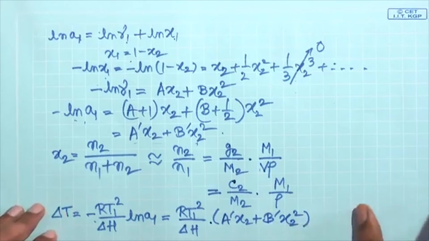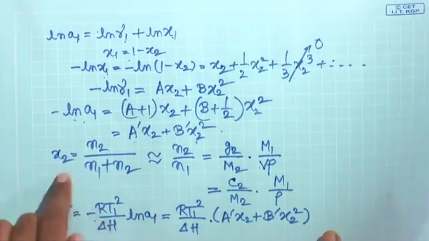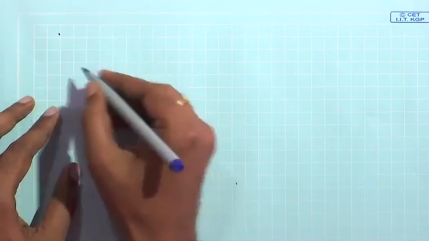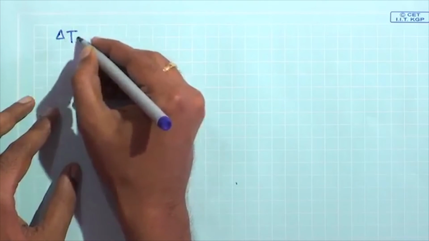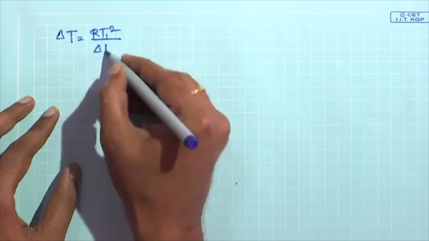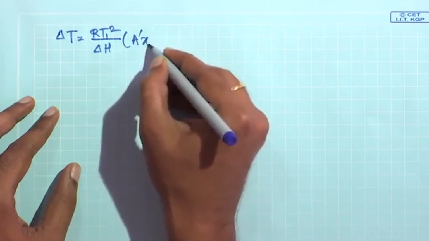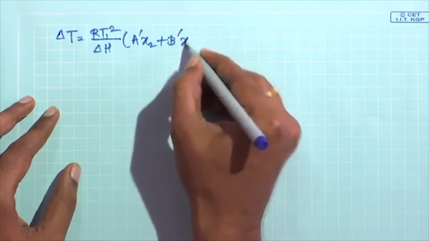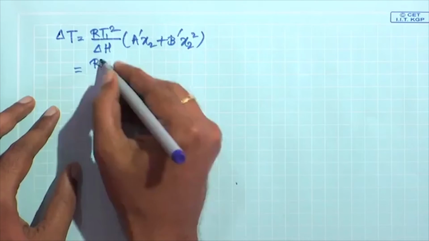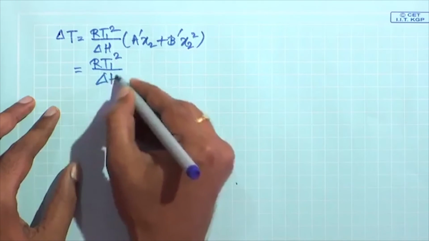So, this is the expression. Now, x2 value you already know, you are going to put that value here. So, let us write down this thing here again. You have delta T equal to RT1 square divided by delta H into A prime x2 plus B prime x2 square.